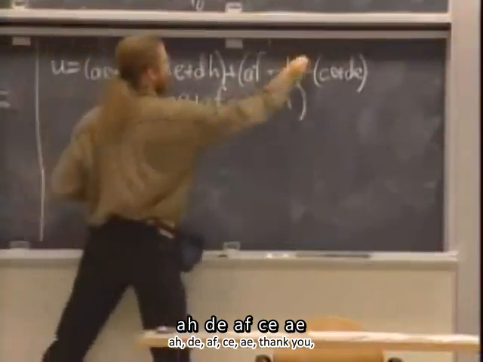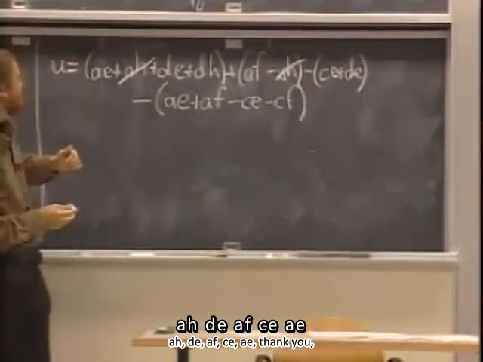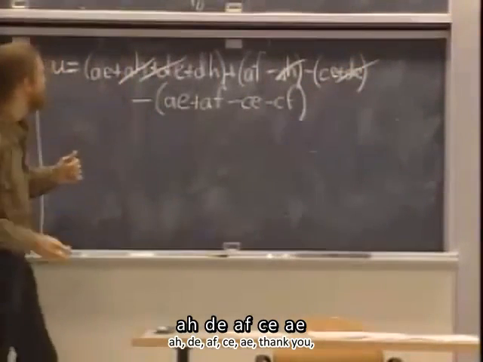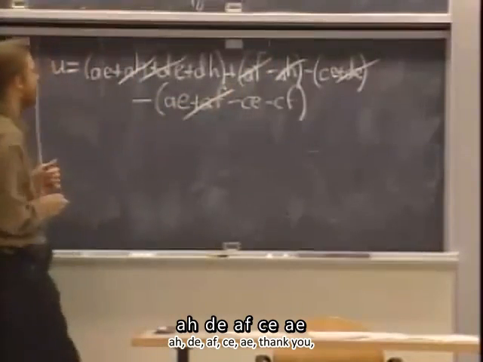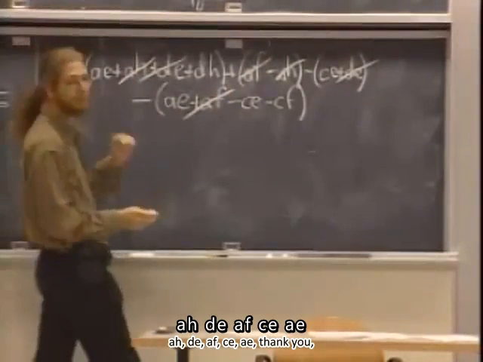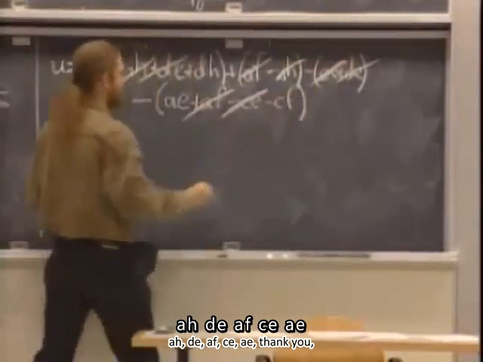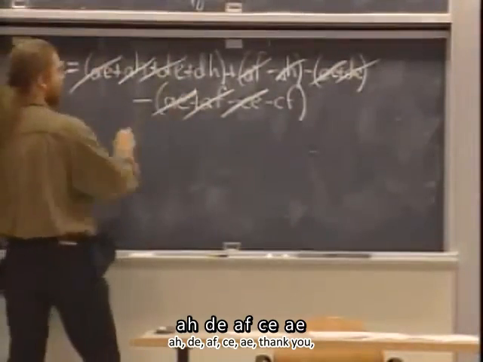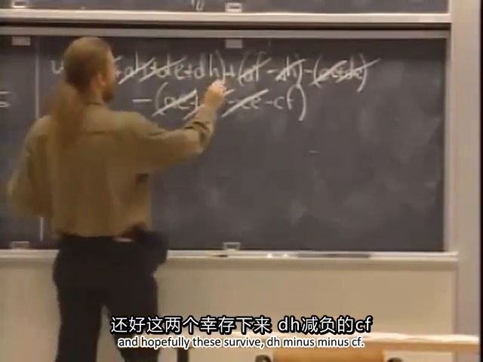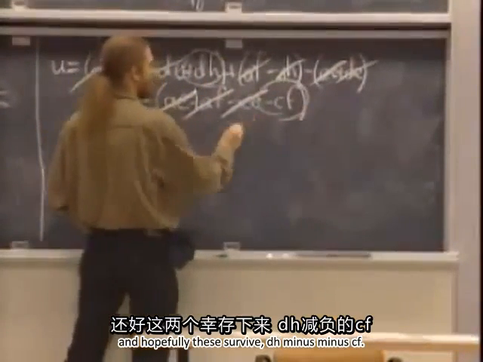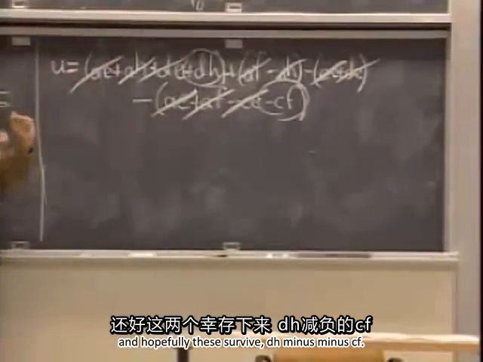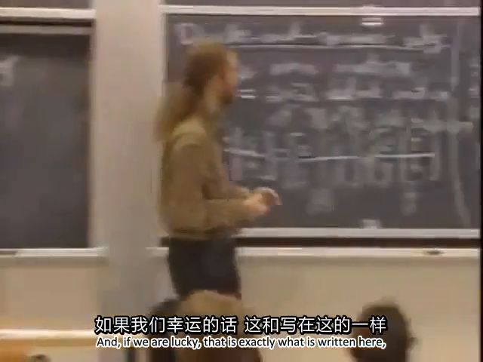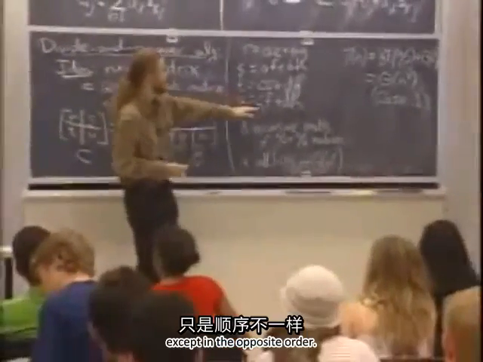A times H. D times E. A times F. C times E. It's double sign. C. AE, thank you. And well, hopefully these survive. D times H minus minus C times F. And if we're lucky, that's exactly what's written here, except in the opposite order.